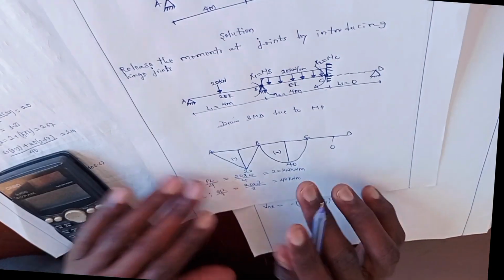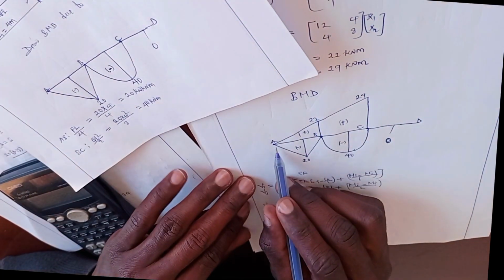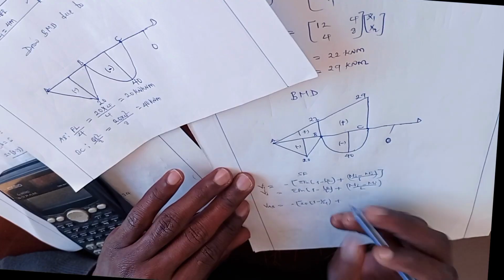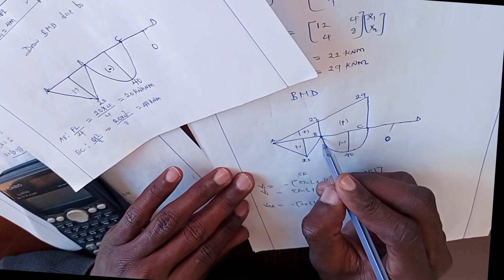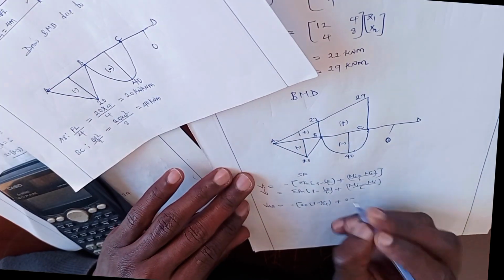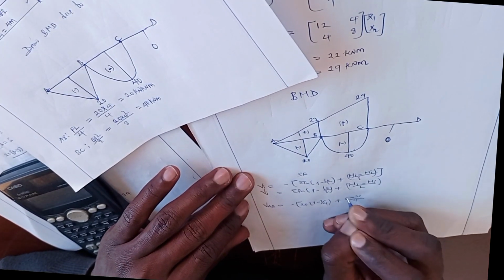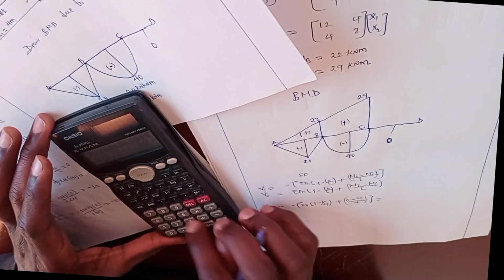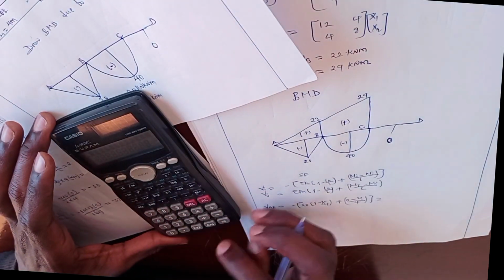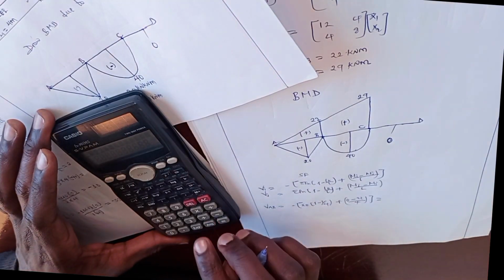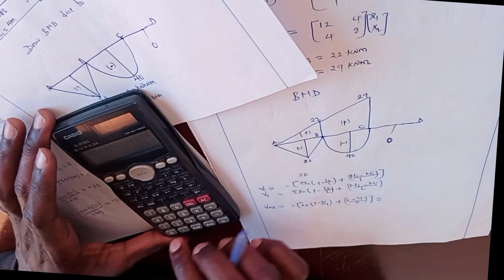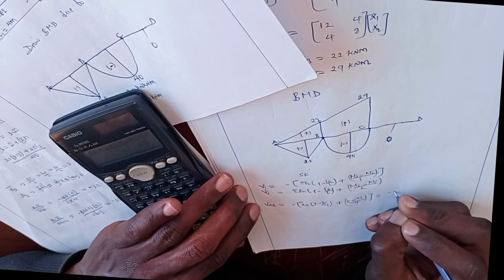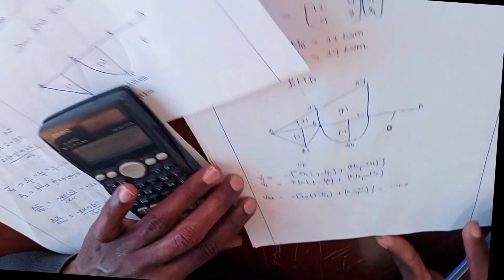Plus Mi minus Mj. Mi is this one, which is 0, minus Mj. For member B, Mj is this one, minus 22 over 4. It will be equal to negative 22 divided by 4 plus 20 times 0.5. It will be equal to negative 4.5 kilonewton.